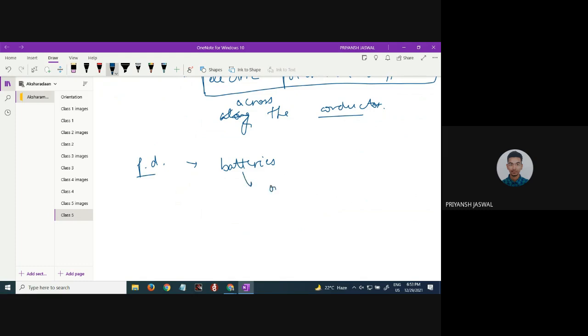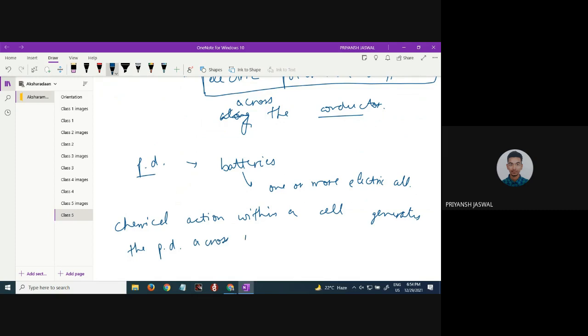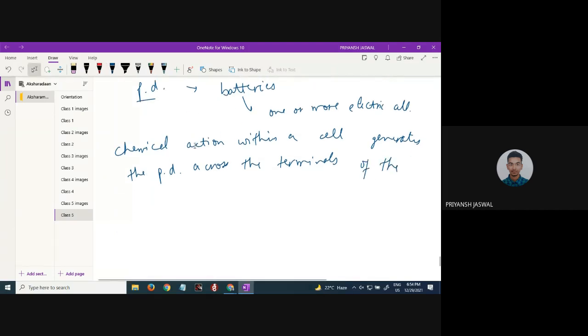Battery is basically one or more electric cells combined in series usually, and the chemical action within a cell generates the potential difference across the terminals of the cell.